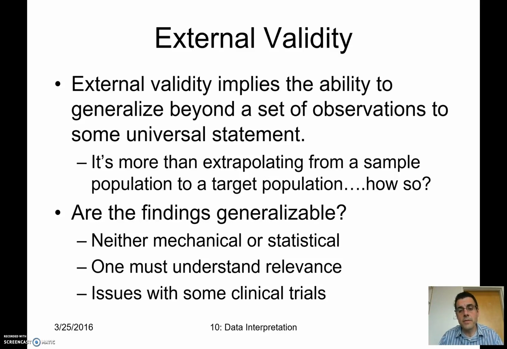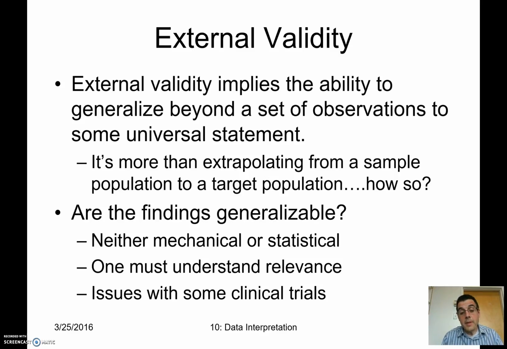Different states were involved, and we were able to determine that this study design was externally valid because of the way the study was set up, and the study populations were representative of what we would expect to see in the larger target population. We also did analyses that weren't just statistical or mechanical, and we were able to determine that these findings are generalizable to the U.S. population.